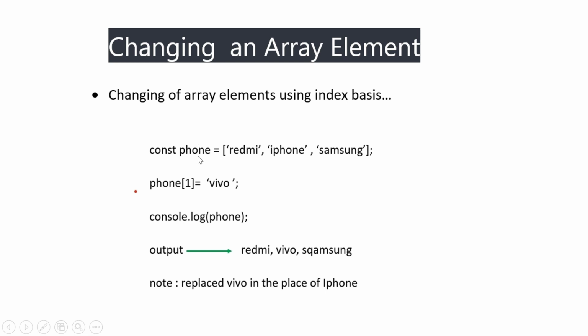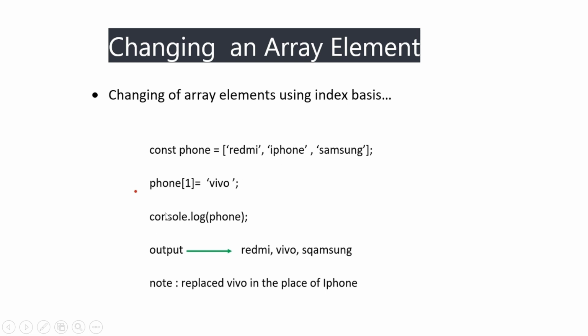For example, phone is an array having three elements: Redmi is at the zeroth index, iPhone at the first index, and Samsung at the second index. Now we want to change Vivo in the place of iPhone. We mention index of 1 equals the value that has to replace iPhone.